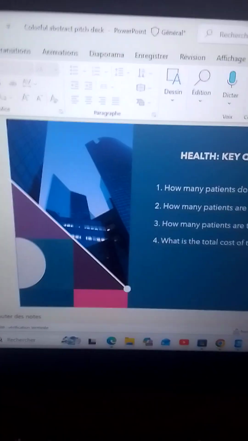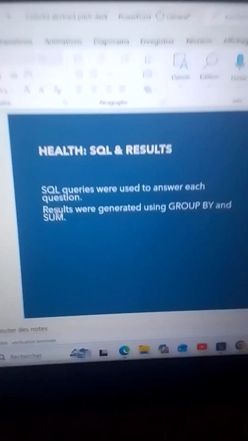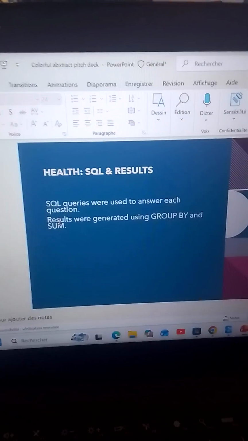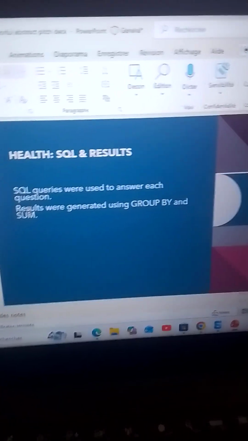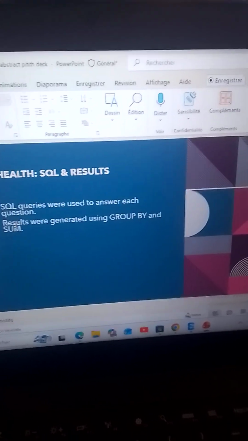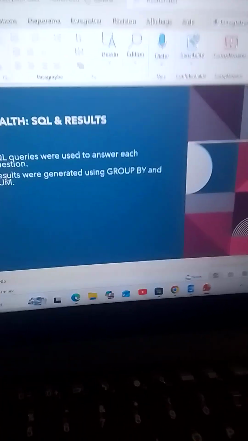Health SQL result. I use SQL queries to answer each question. I will now show the SQL code and run it in SSMS to display the result.